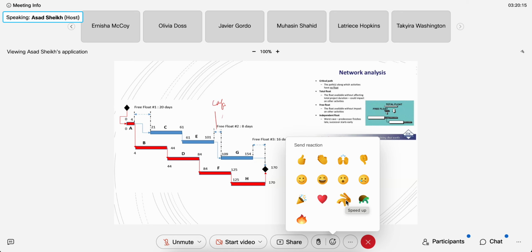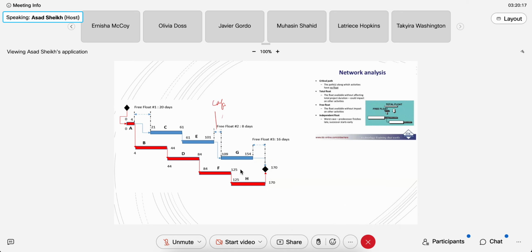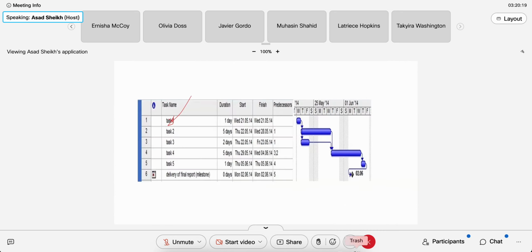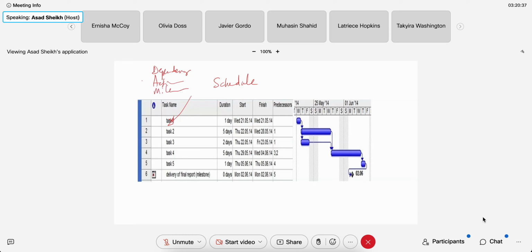So when we come back, we're going to take up the scheduling, how we're actually going to schedule, given that we have the dependencies, given that we have the activities, given that we have the milestones, given that we have an idea about the critical path, the longest path.